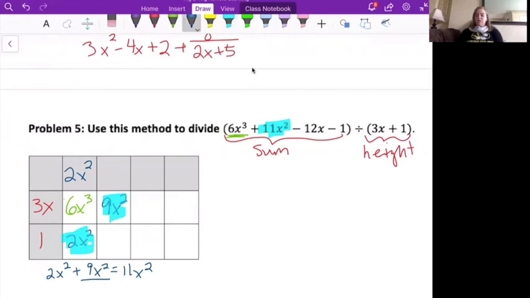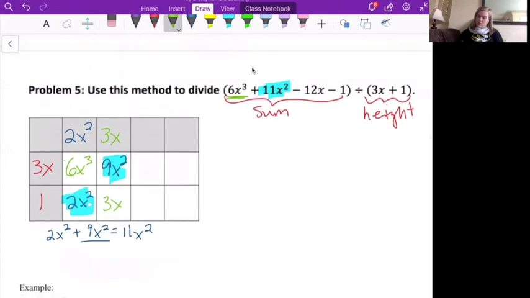And so then 3x times 3x would give me 9x squared. So this would be 3x. So then 3x times 1 is 3x. Then I'm going to do 3x plus something equals negative 12x from our sum.